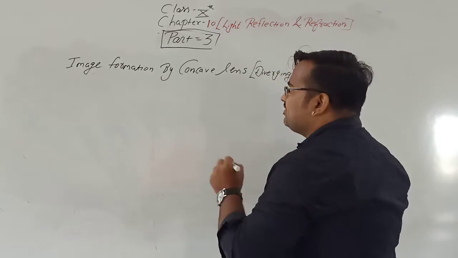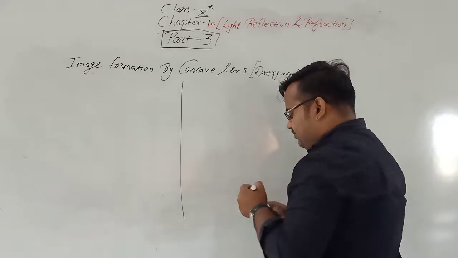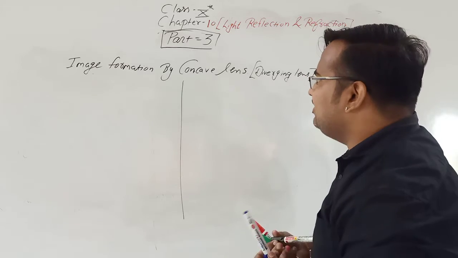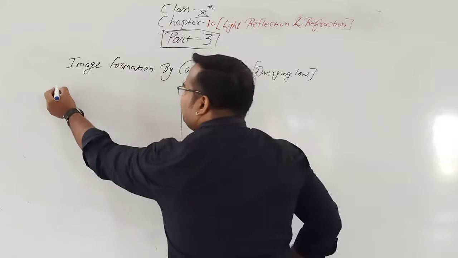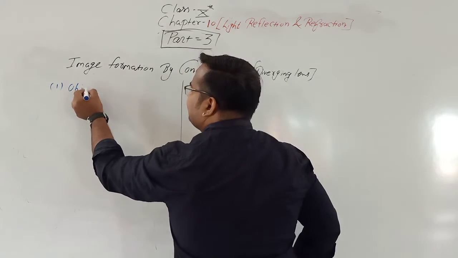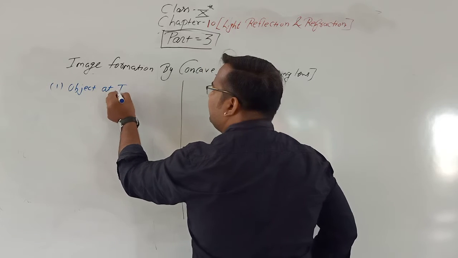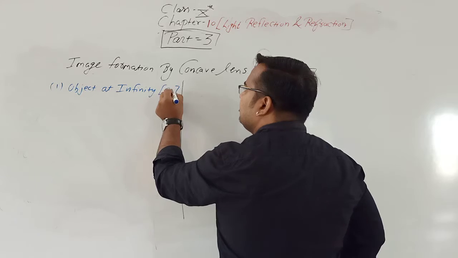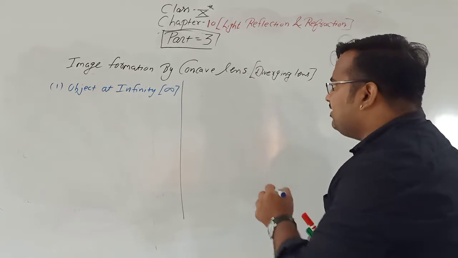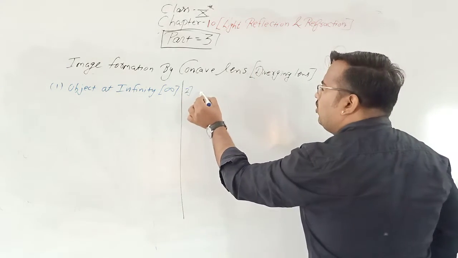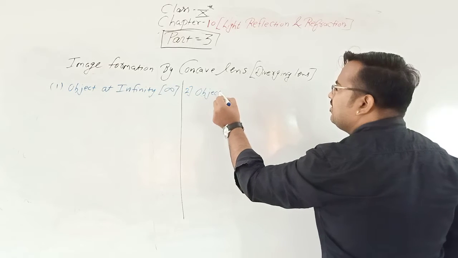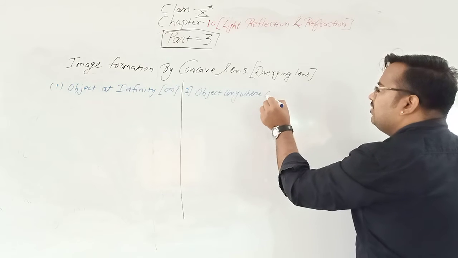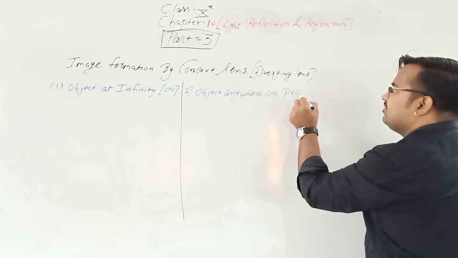Now, first case, there are two cases of the image formation in case of concave lens. The first case is object at infinity, and second is object anywhere on principal axis.